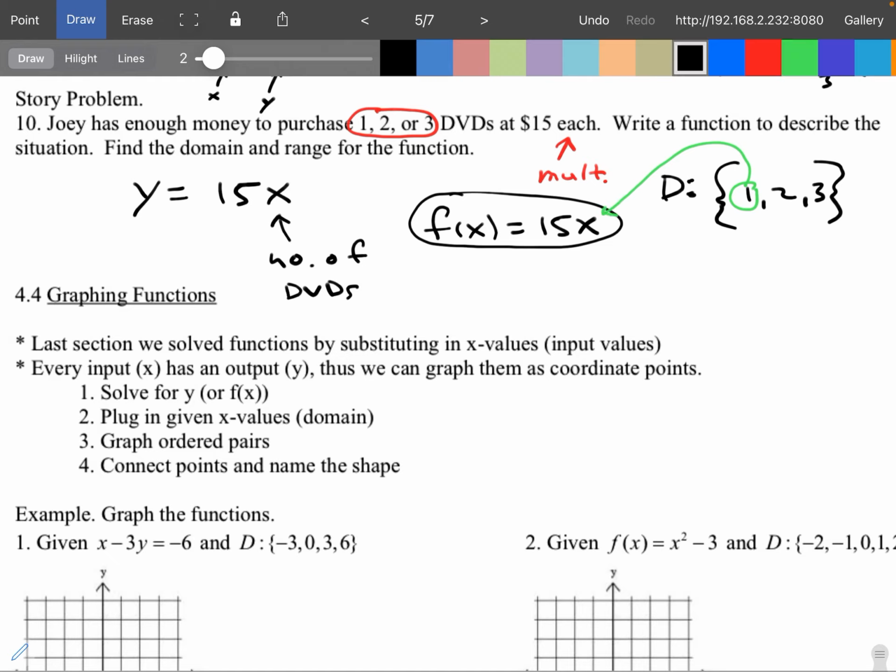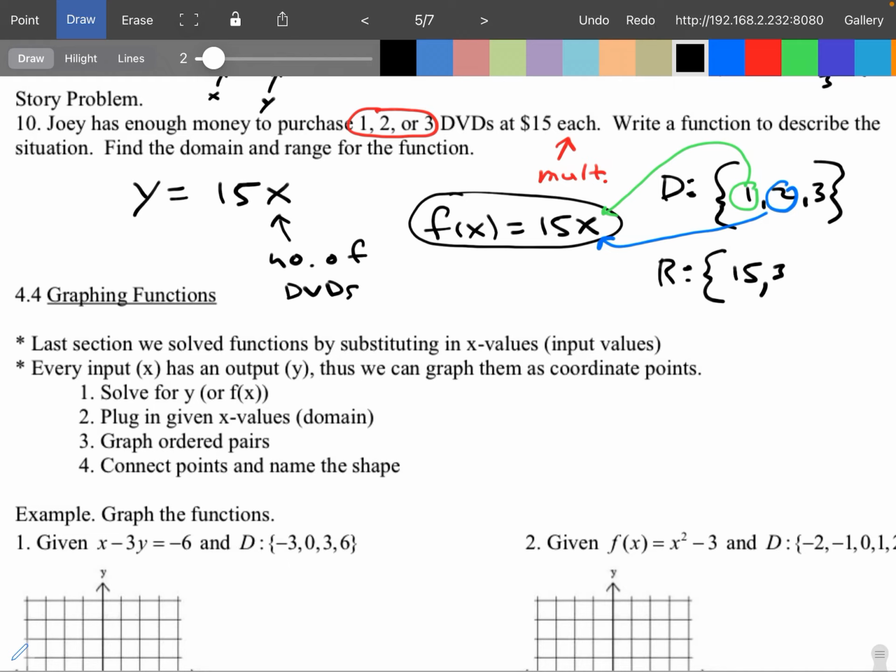And then you're actually going to plug those in to find your range. So you're going to take the 1 and plug it in there for x. Hold on. Let's go this way, maybe. So if you plug in 1, what's 15 times 1? So then your range is going to be, if you plug in 1, you get 15.